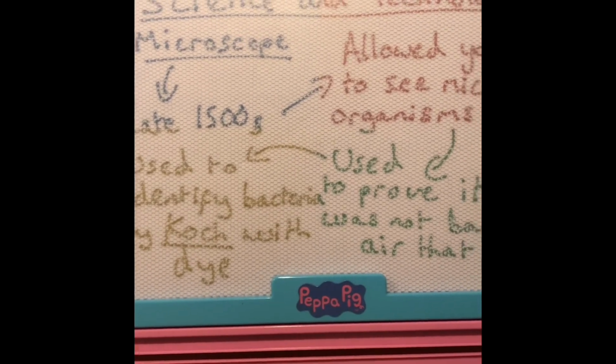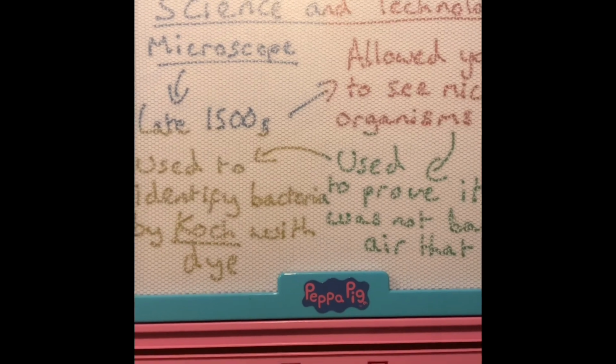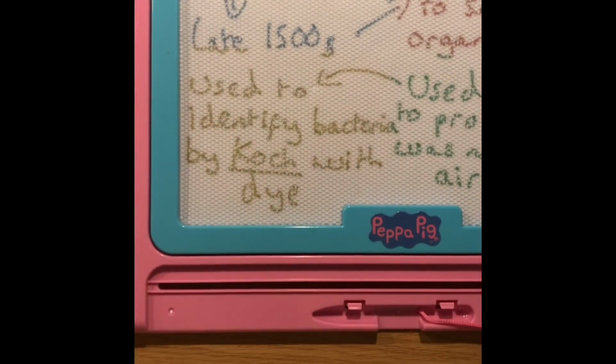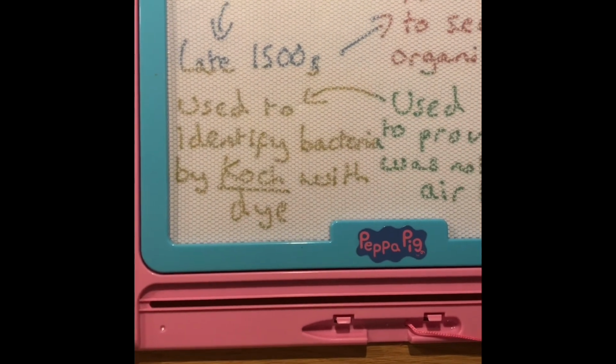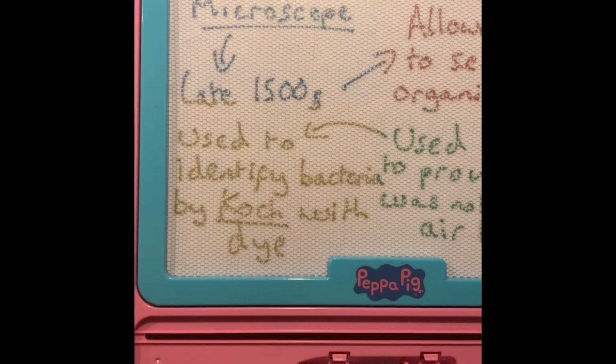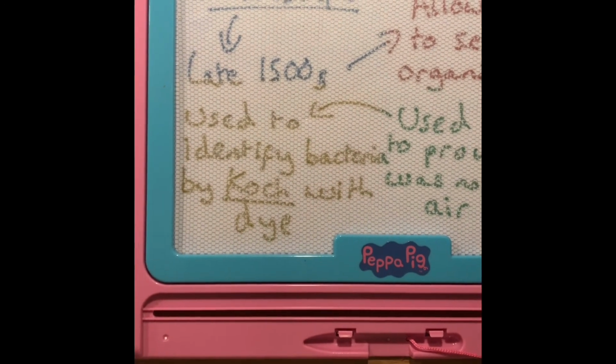Because at first they thought that they were all the same, right? And they began to go through and have a look at them and prove that they were not all the same. And one of those people was Robert Koch. Now, Robert Koch used a microscope to identify bacteria that were causing illness. And he did this with a special dye, okay?